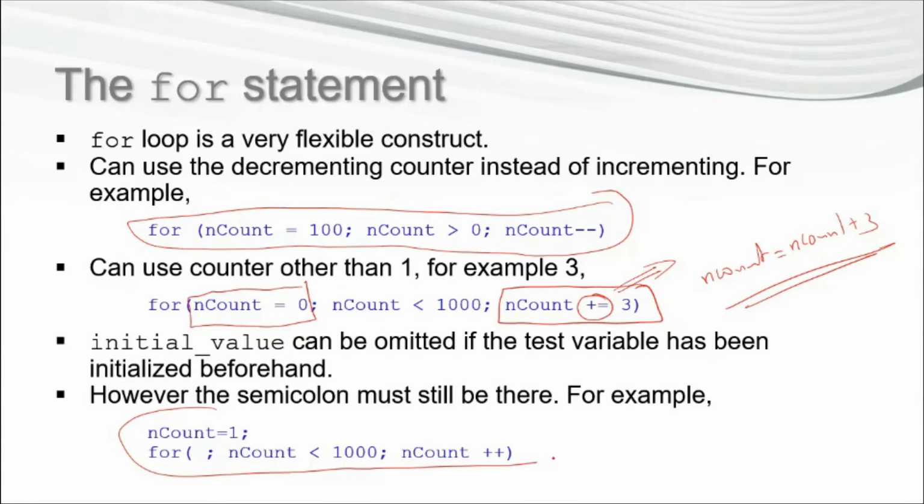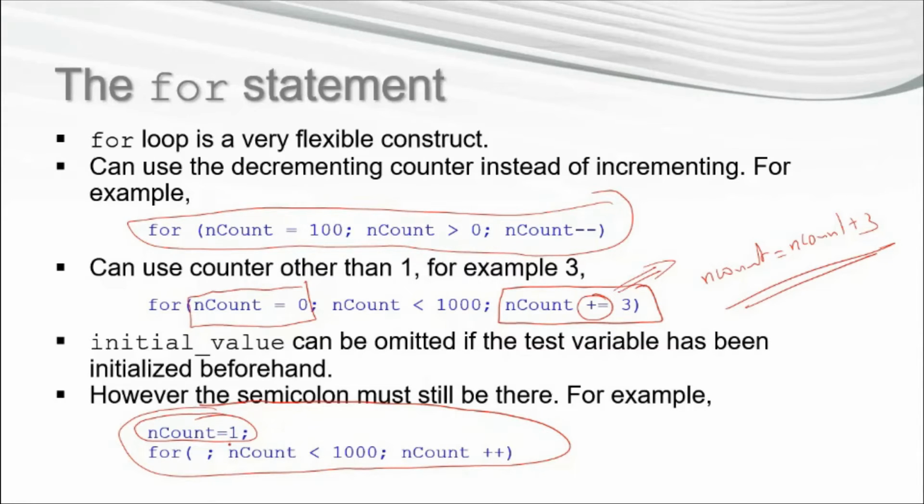In this example, ncount is initialized as 1 before the for loop itself. Then we start the for loop, and it starts with a semicolon because the initialization is not required; it is already done, ncount is equal to 1.